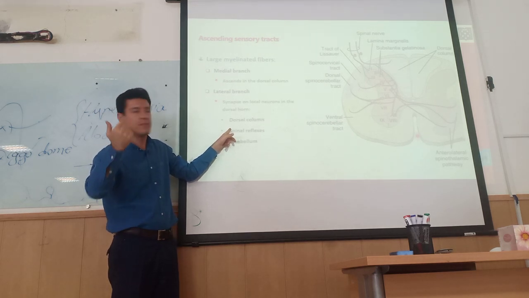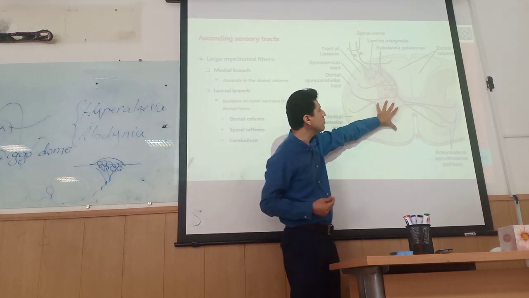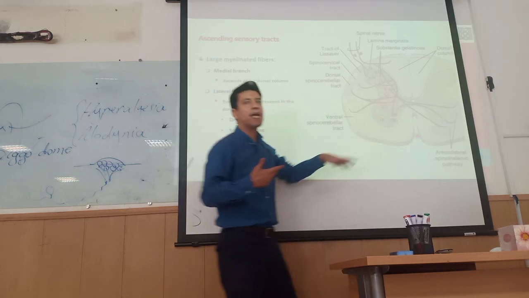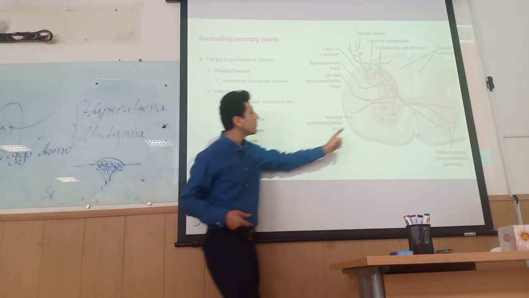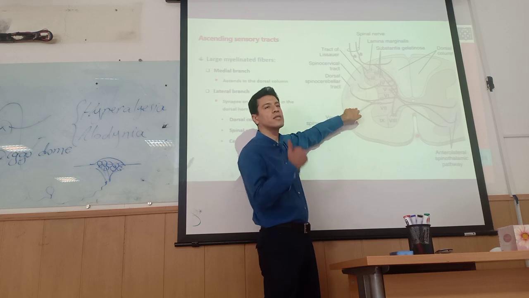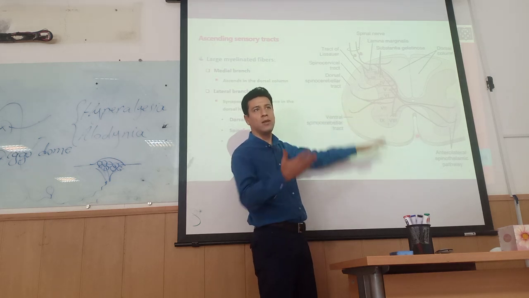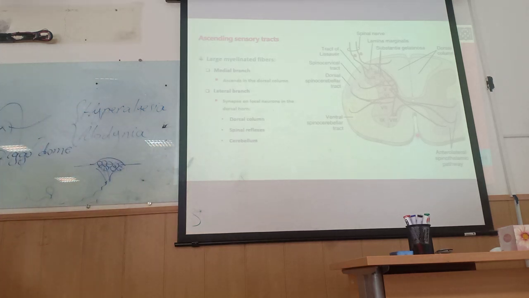Actually, most of them. Okay? But some activate anterior motor neurons and cause reflexes. Some others go to the spinocerebellar tract. So they go to the cerebellum. Right? So this is all that happens when a beta fiber comes to the spinal cord.